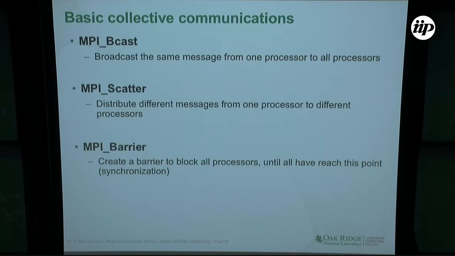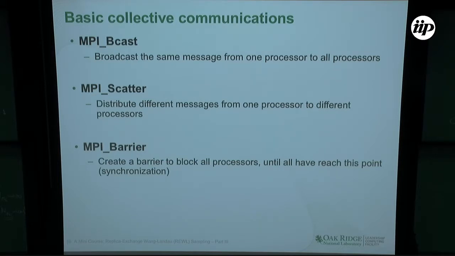It's like if you're a teacher, you distribute your graded exams back to your students. Every student gets a unique paper which contains the grades and the marks. This is MPI scatter. You are sending different messages to different processors.